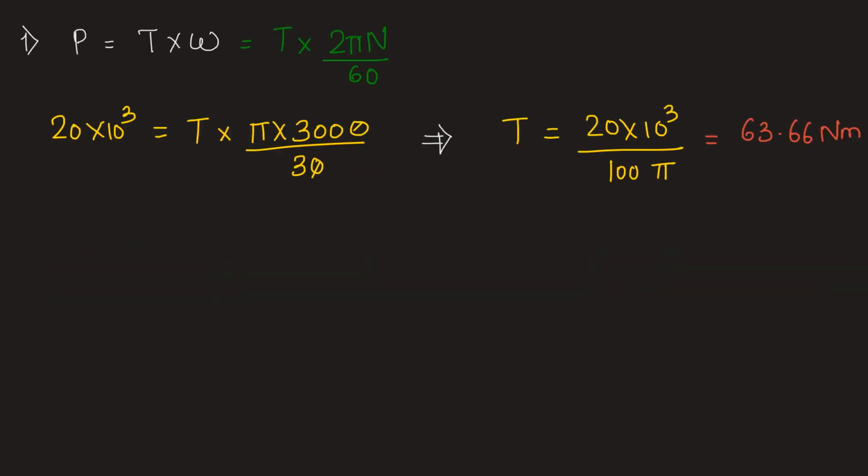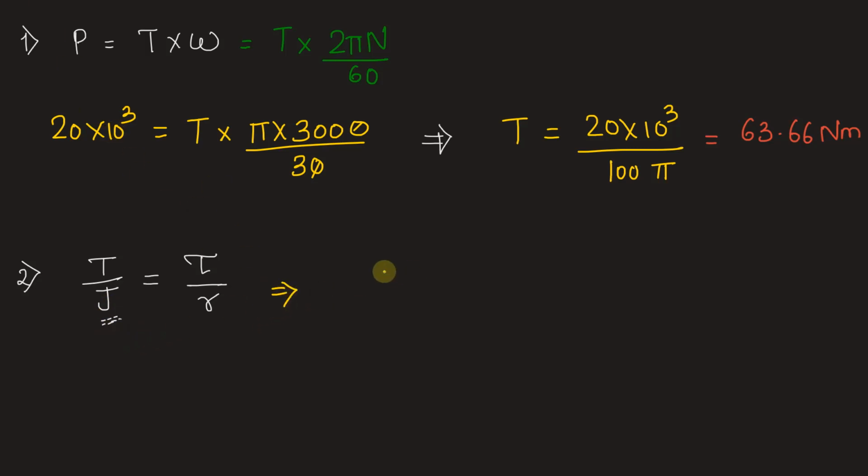Let's find out the outer diameter now. We'll use the pure torsion equation, which gives T by J, polar moment of inertia J, is equal to shear stress at any radius r divided by the radius r. Polar moment of inertia is in terms of inner and outer diameter, so we can first find out the polar moment of inertia.